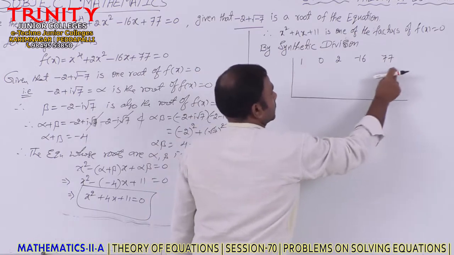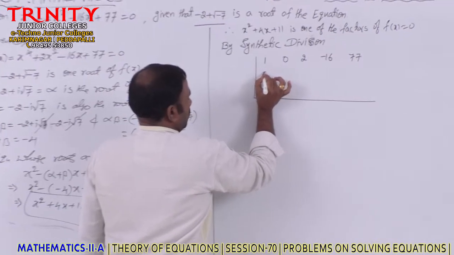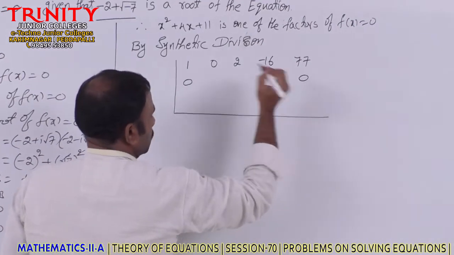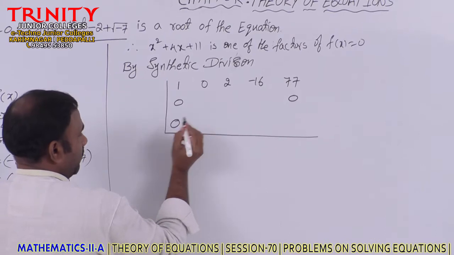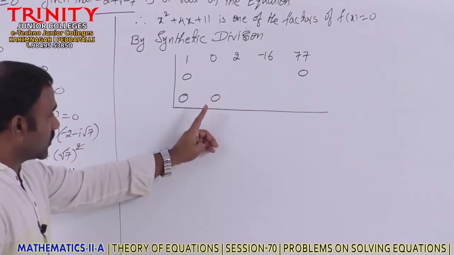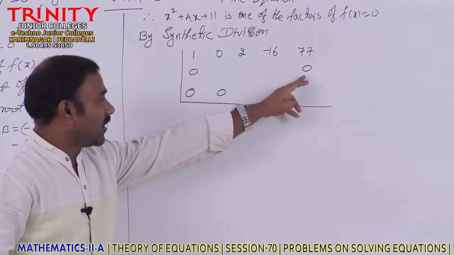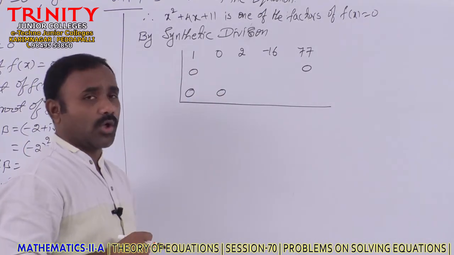Now we have written the coefficients in the first row. In the second row, the first and last elements are zeros, and in the third row the first two numbers are zeros. The first row is the coefficients row.